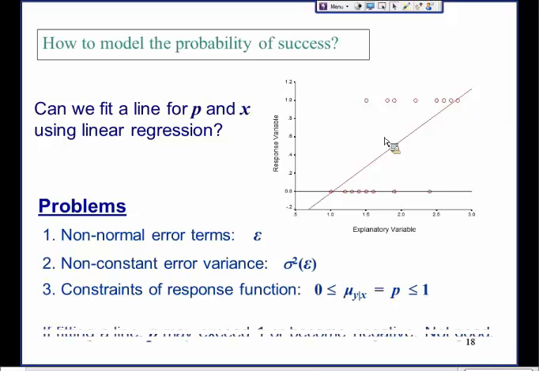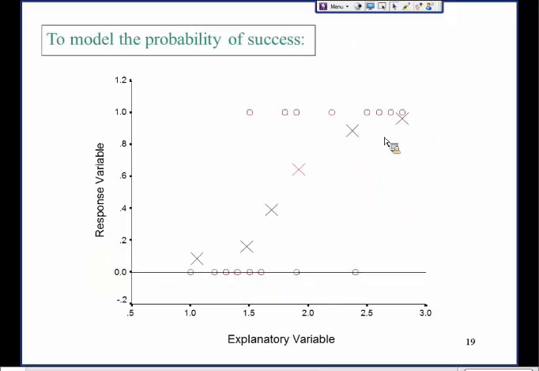Okay, so the better way to model this data, since you're modeling the probability of success and the outcome is categorical, binary, with a lot of successes here and a lot of failures here, is this: if a model is for the probability of success, it makes sense to fit an S-shaped curve like this instead of a straight line.